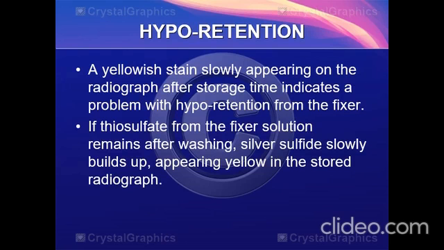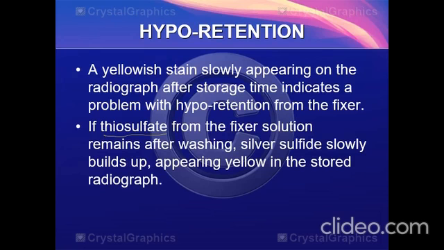As we have discussed last time, hyporetention is caused by the retention of the hypo chemical, which is also the ammonium thiosulfate. So, yellowish ang color, and hindi mo siya makikita agad-agad after processing. It will occur on the radiograph like 1 to 2 weeks or much longer than that.